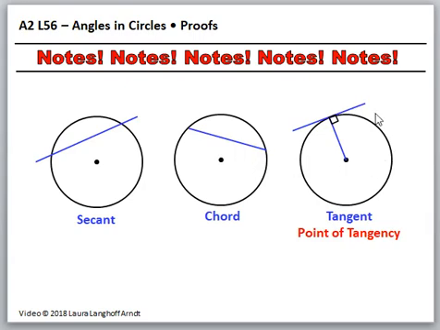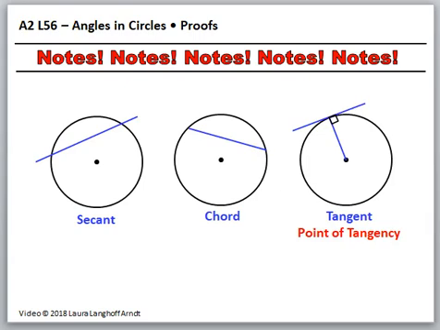Also, we have a tangent, the line that touches the circle. I know it's really hard to tell, but mathematically, some things are hard to see. Actually, this tangent touches the circle at 1 and only 1 point, and that is the point of tangency. And the tangent is always perpendicular to the radius of the circle at the point of tangency.